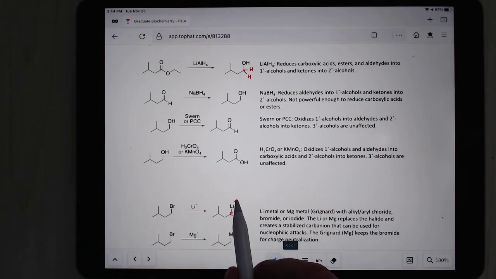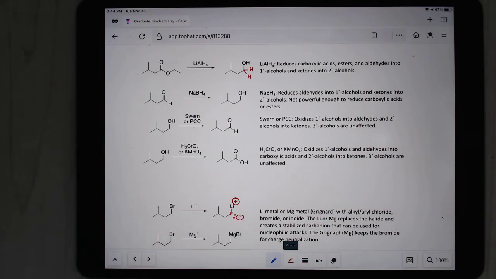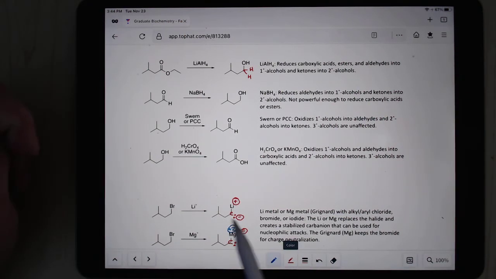The lithium traditionally has a +1 charge, so that's balanced. Remember that magnesium, because it's an alkaline earth, typically has a +2. So that means that it needs to have the bromine around to be able to balance that second positive charge. So that's why it's MgBr, but then lithium.